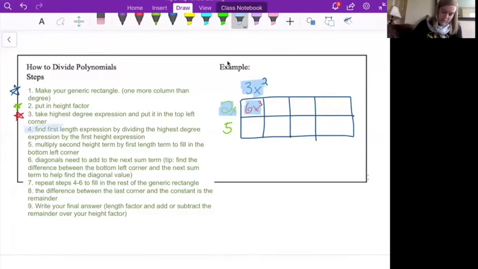So that is what this is saying. Then we're going to multiply to get 15x squared.